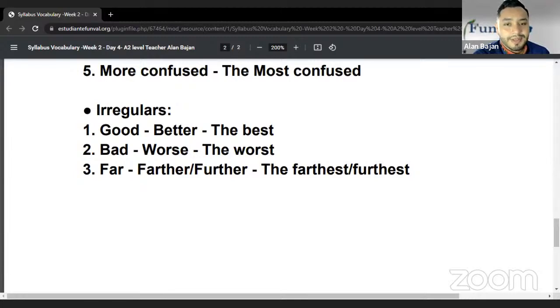So we are referring to the adjective good. And it's not gooder or the goodest because it's irregular. Irregulars never follow rules. The same in past tense with irregular verbs. There is not much that we can do with them because they are special cases.